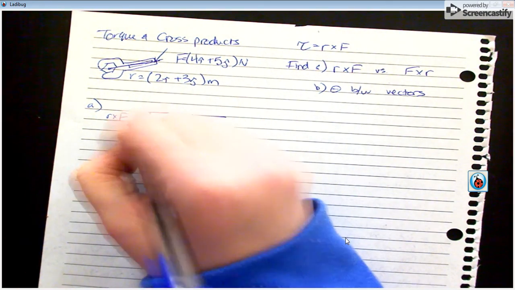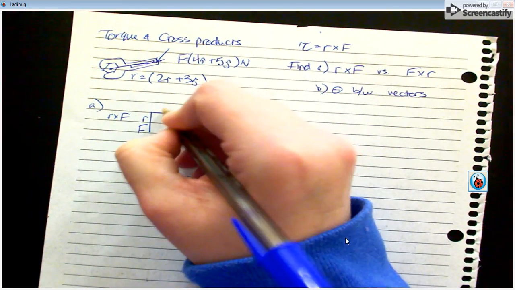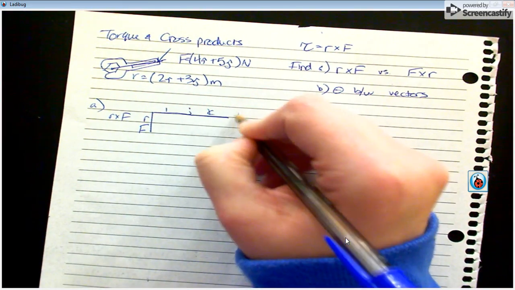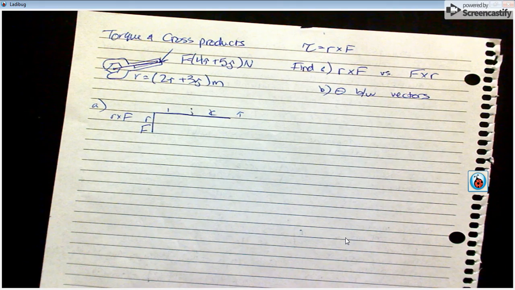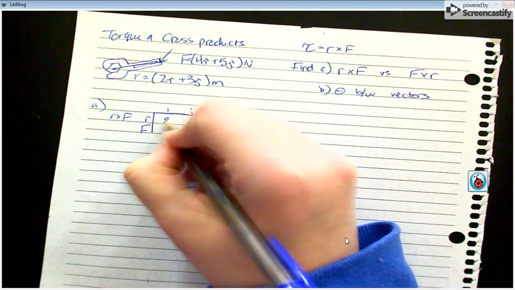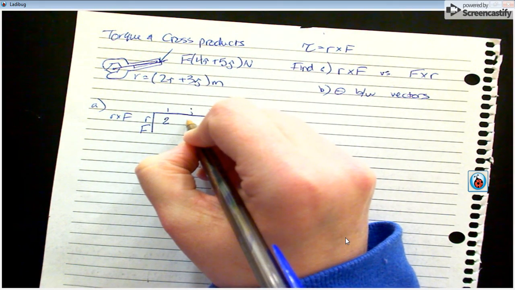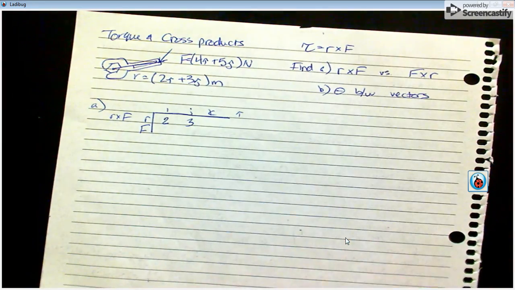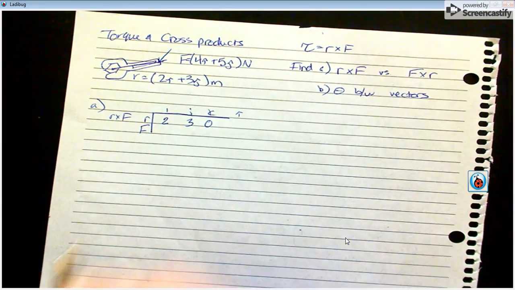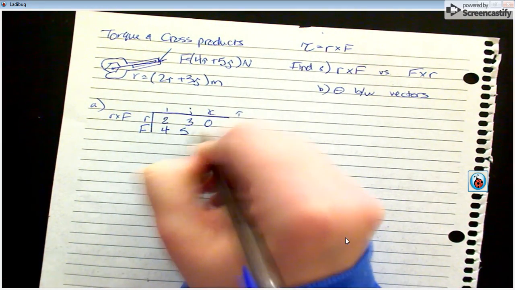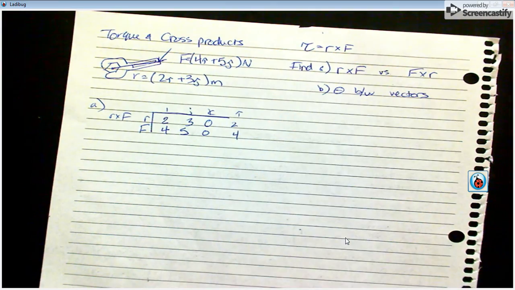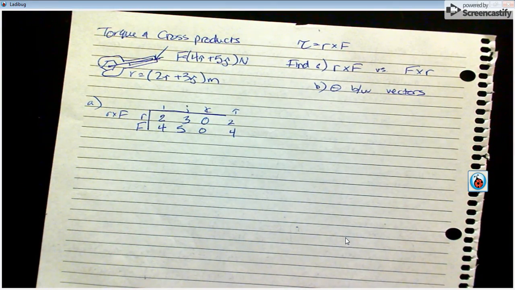Our first row is I, J, K, and then our new I hat row. So we have I and J hat values. If there is no value in a dimension, just put 0. So then 4, 5, 0, and repeat our I hat row, technically.